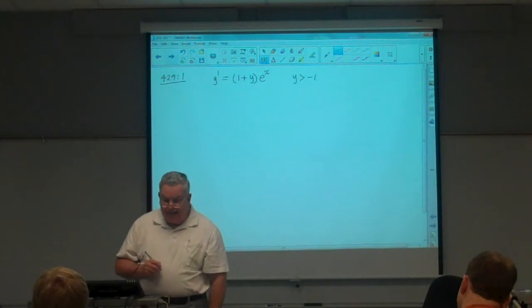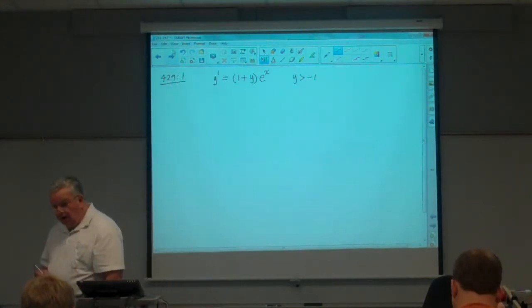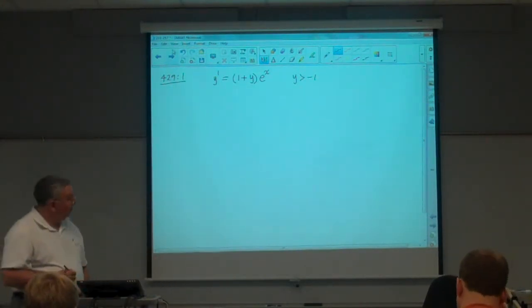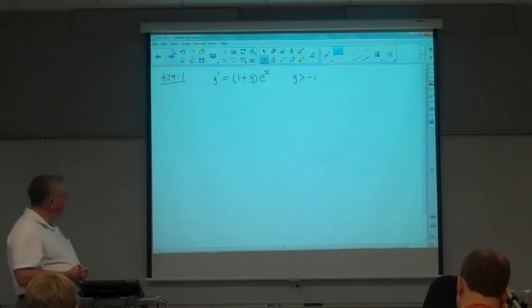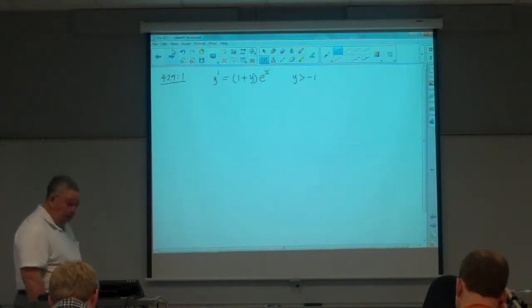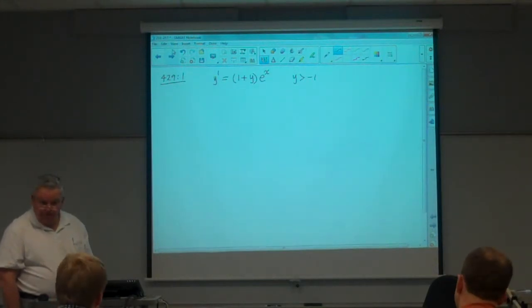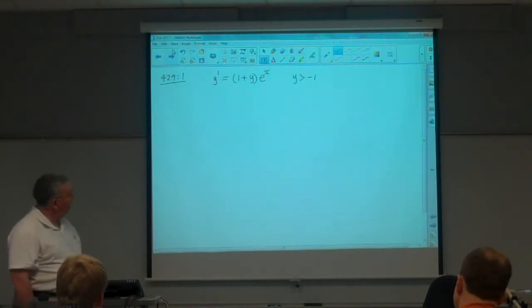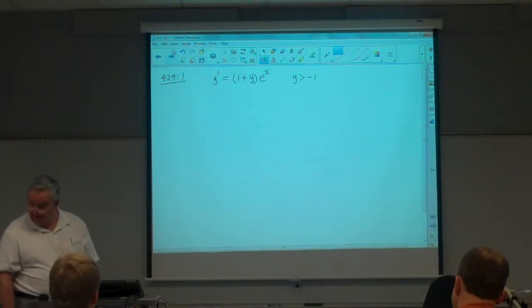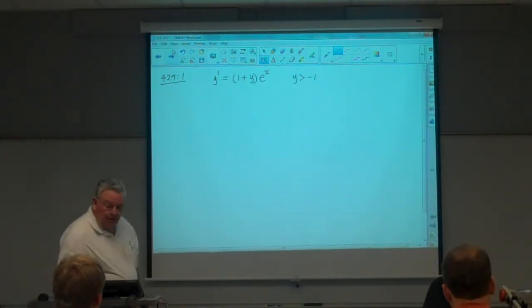We'll leave that y is greater than -1 alone for right now, and we'll talk about it in a minute. Does that look like a differential equation to you? And doesn't it look like the derivative on one side and the x's and y's on the other side?